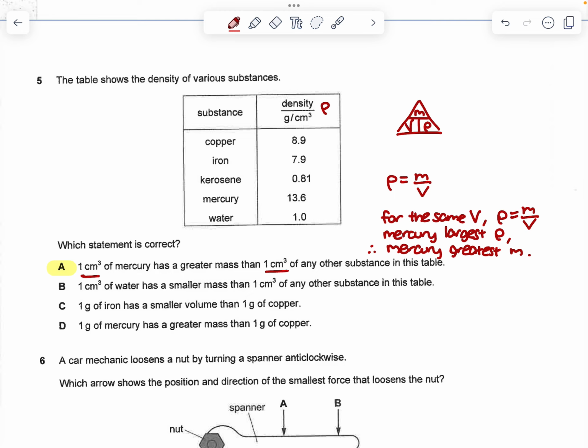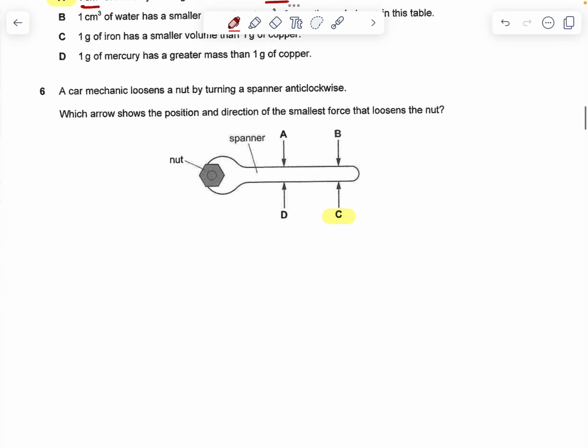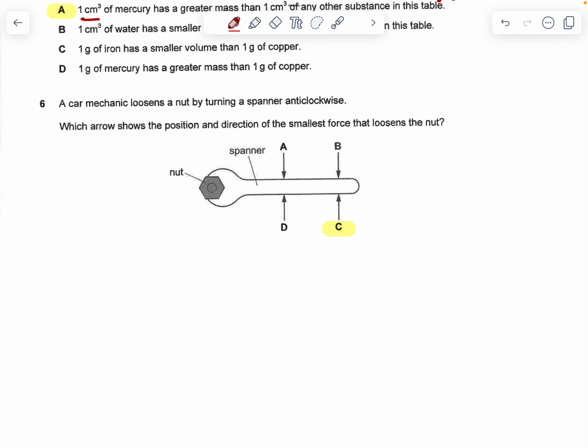Question 6. A car mechanic loosens a nut by turning the spanner anti-clockwise. This direction is anti-clockwise. Which arrow shows the position and the direction of the smallest force that loosened the nut? So as we know the formula, moment equals force times perpendicular distance.